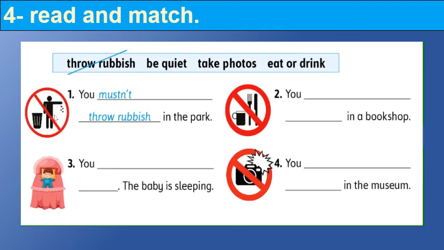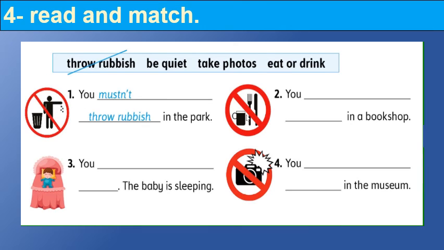This picture here, for example, says mustn't. So this sign means mustn't. So you mustn't throw rubbish in the park. This sign or picture says mustn't throw rubbish.